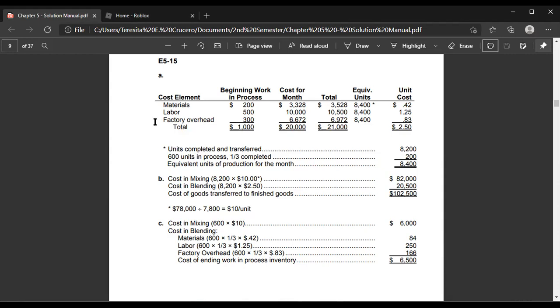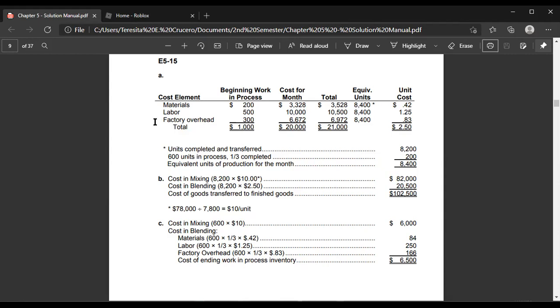Now, the 8,200 units were transferred to the finished goods storeroom. We now multiply 8,200 units by 10 per unit. The 10 per unit is the result of dividing the cost from the mixing department. And then how do we get 10? Dividing 78,000 by 7,800 units that were transferred from the mixing to the blending department.